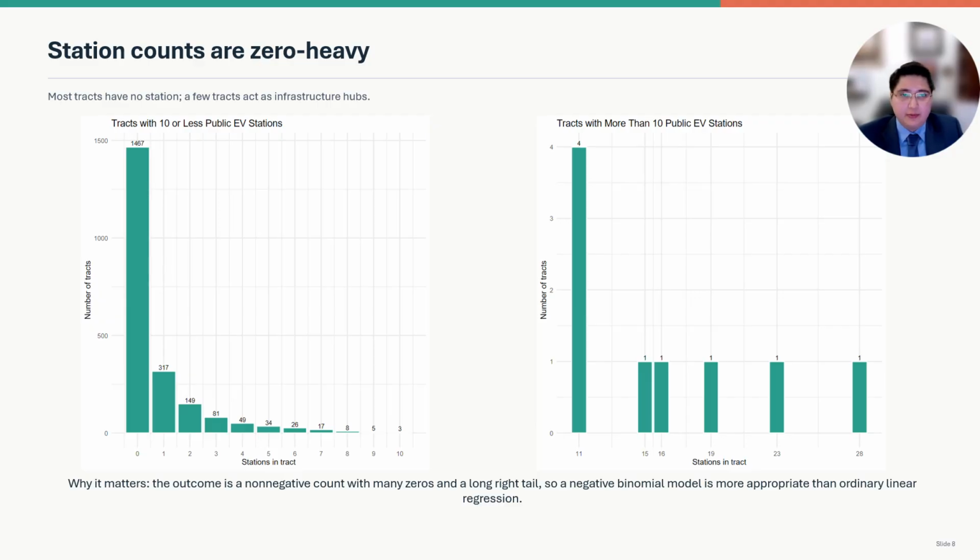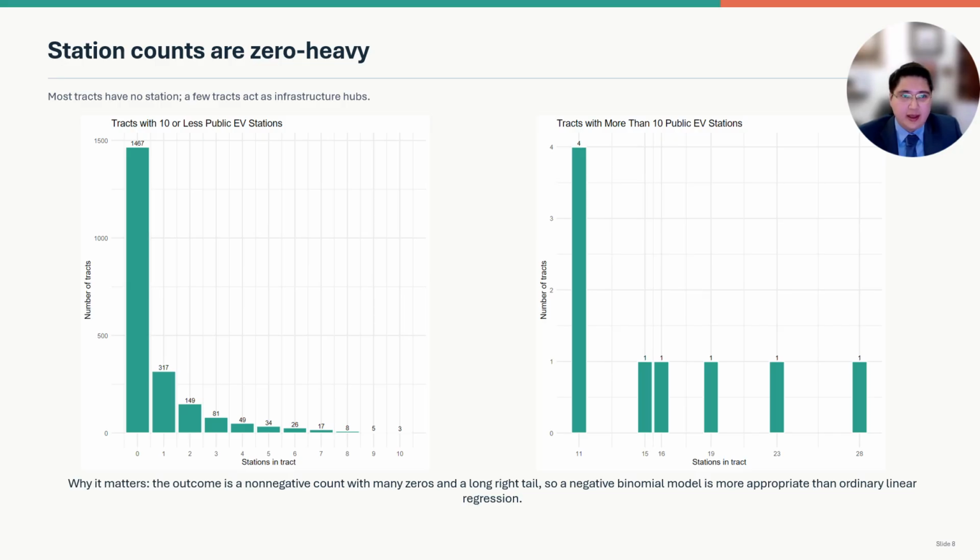This is one of the most important exploratory results. The distribution of station counts is zero-heavy and right-skewed, as we can see mostly on the left graph, which means that most census tracts have no public electric vehicle station, while a small number of tracts have multiple stations. That large zero bar tells us that local station access is missing in many neighborhoods.